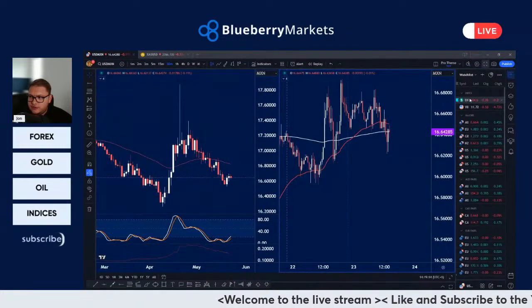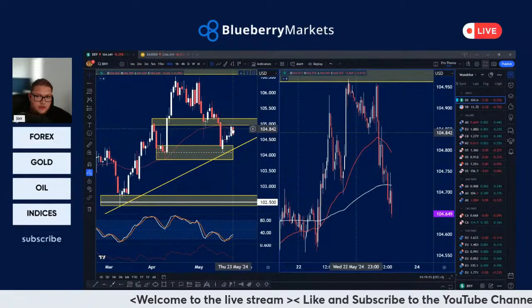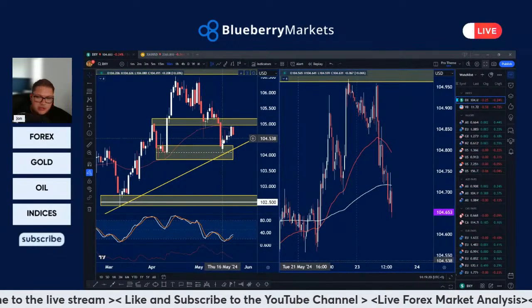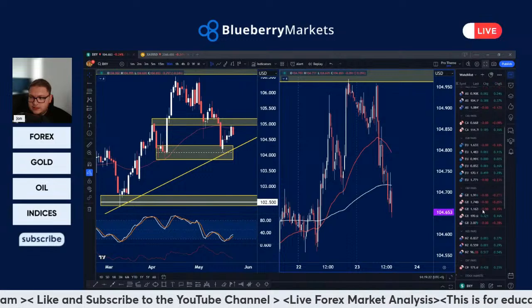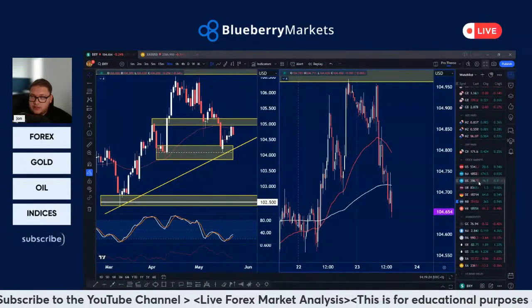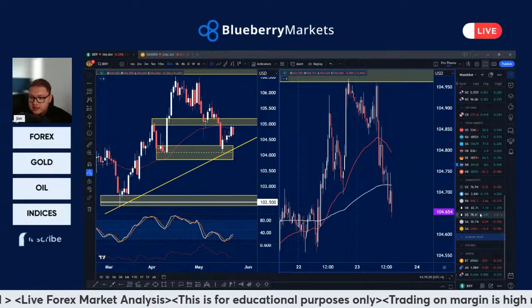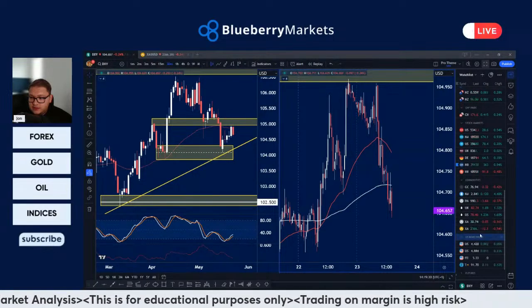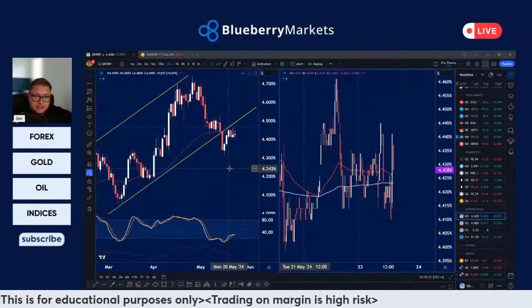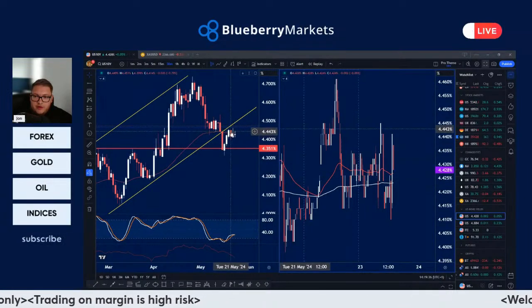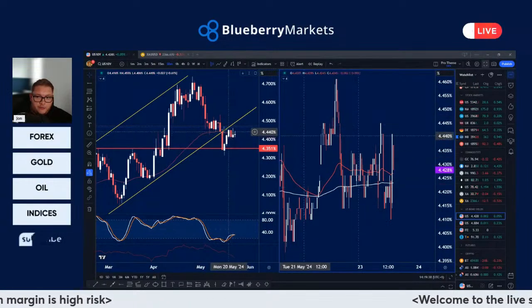If we head over to the dollar index at the moment, we're still pursuing lower prices, with lower lows and lower highs. What we did last week on Tuesday was look at the US 10-year bond yields and the correlation between the US 10-year and the US dollar index. And we've got that lower high forming here as well.